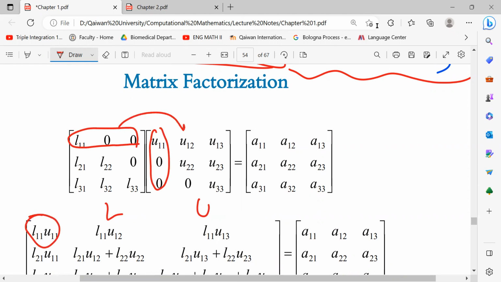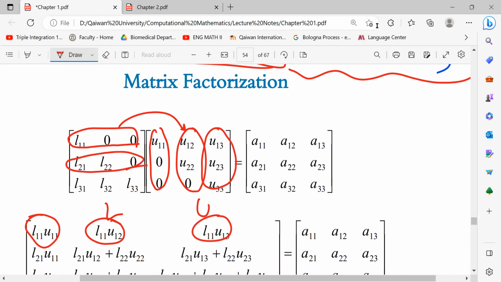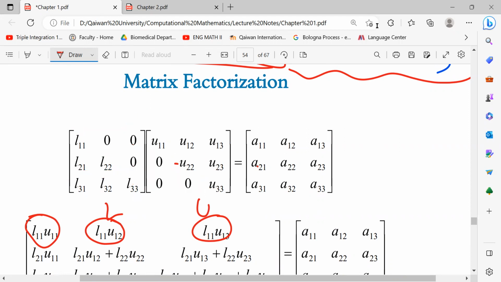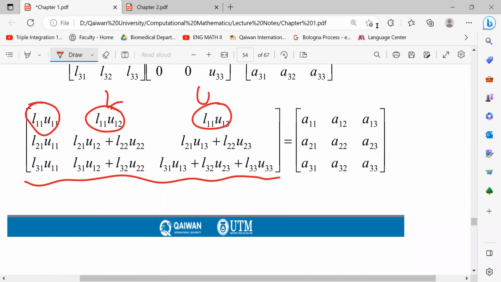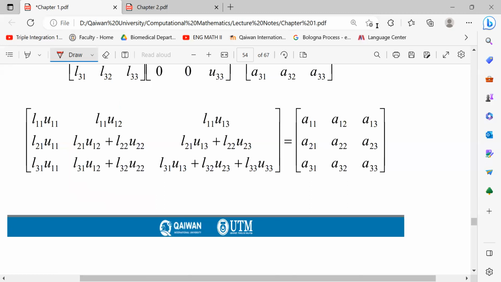Then multiplying this by this column, we get this element. Multiplying by this column, we get this element. Then multiply this row by all columns. Then this by all columns. As you see, we get this matrix. This is the multiplication of L times U. Okay? This is L times U.